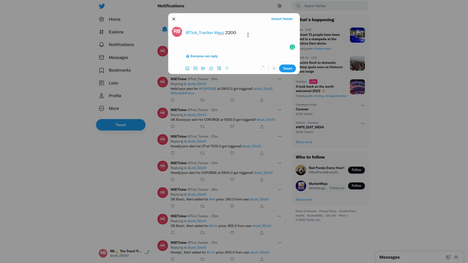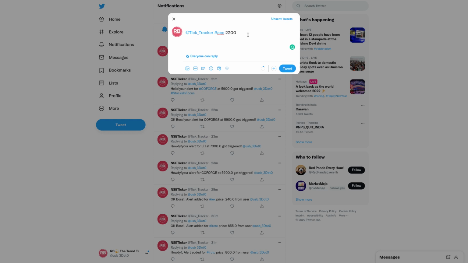So right now the market is closed, but ACC was able to actually make this price in the last session. This is another feature which is there: every day you get information if the stock was able to match that particular price, so that you never forget about this particular stock, that okay, ACC was at 2200 in the last trading session.